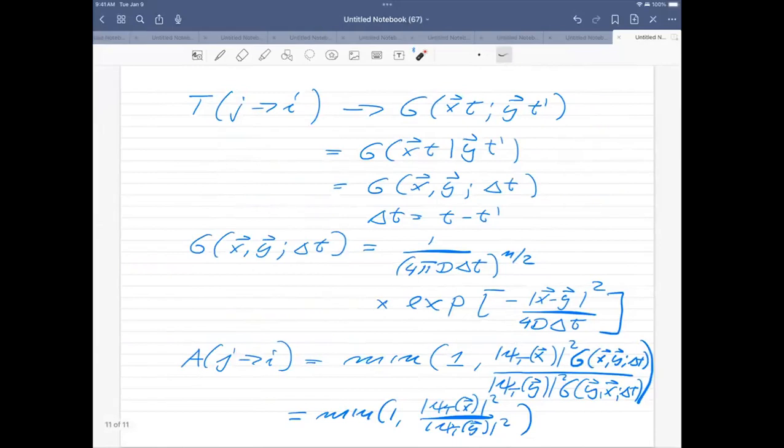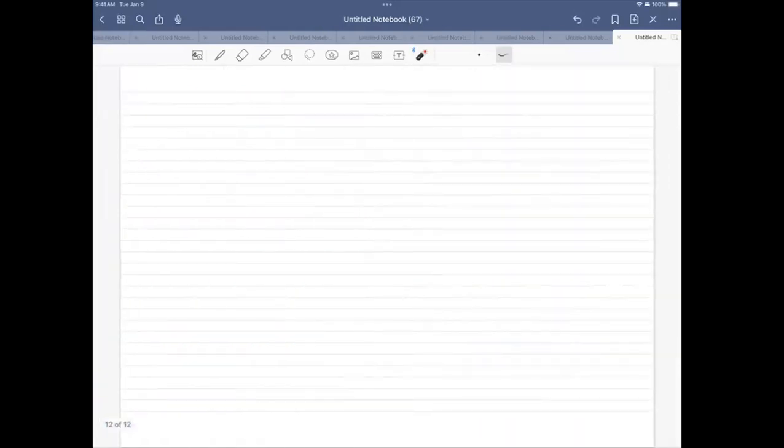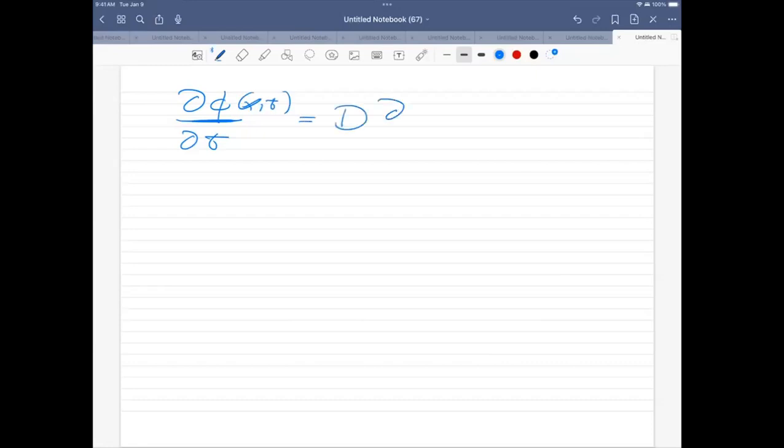So if I'm going to change the equations now, and instead of solving a plain diffusion equation, I now solve the following equation: d phi of x and t by dt, and then I'm taking the second derivative, now just looking at this equation in one dimension, just for the sake of simplicity.